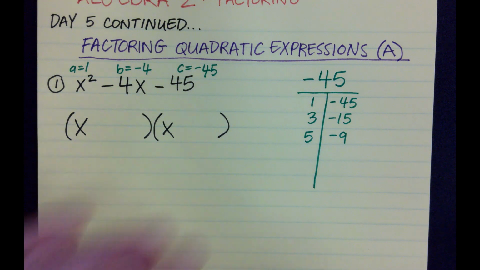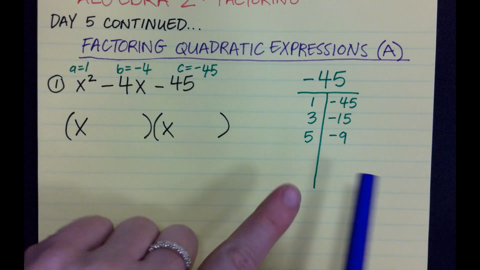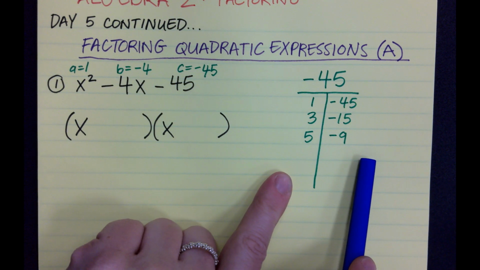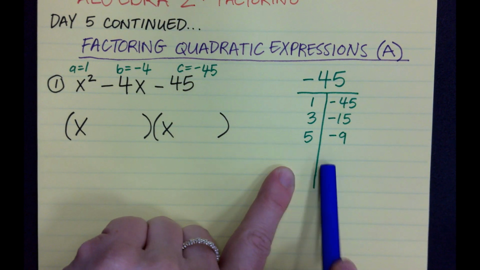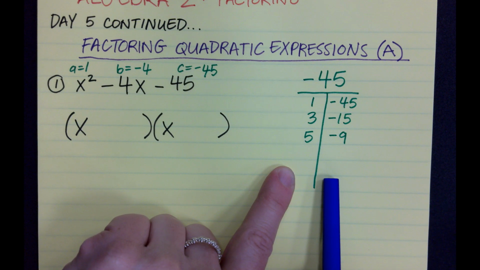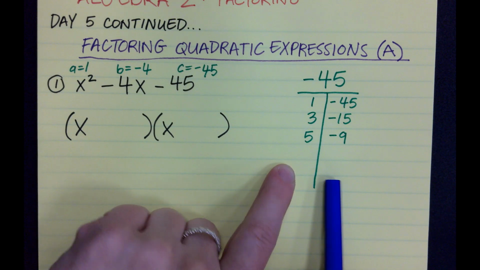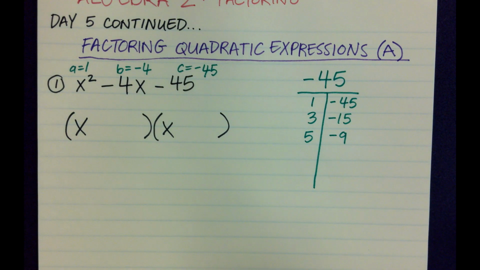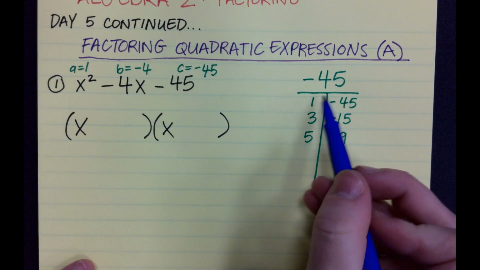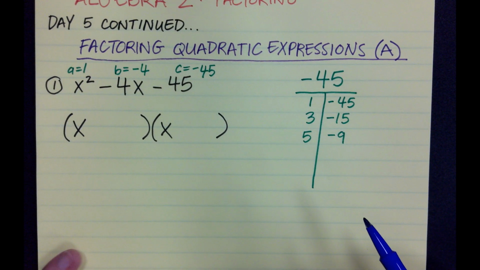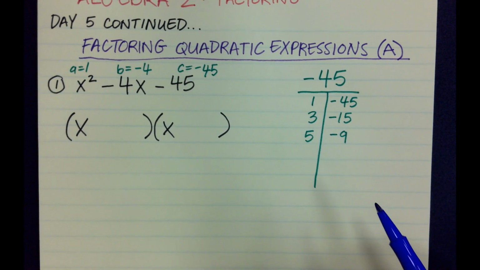But before we do all that, let's just see if we came up with an answer already. I don't want to jump too far ahead. Is everybody with me to this point? Do we understand what we are doing here? Is anybody lost? Good. Okay, so here's all of our factors of negative 45 that we're looking at so far.